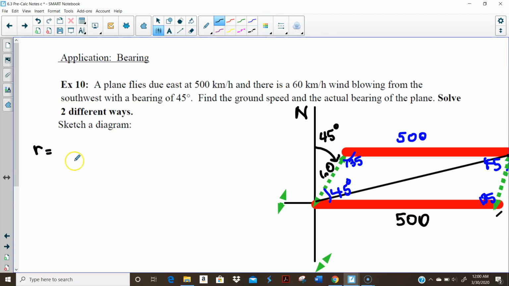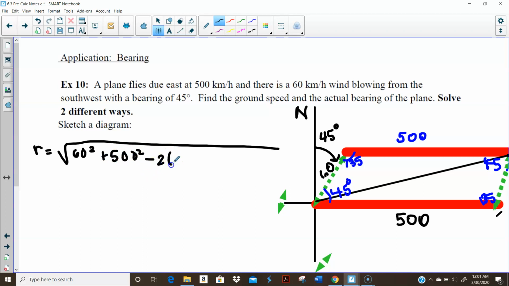So the resultant is going to be law of cosines. We're going to do the square root of 60 squared plus 500 squared, subtract 2 times 60 times 500 times cosine of 135 degrees.